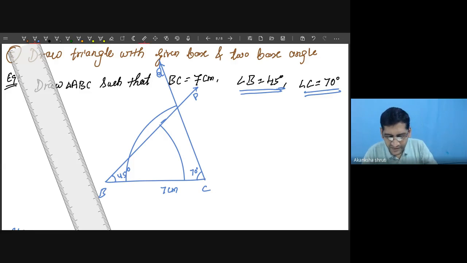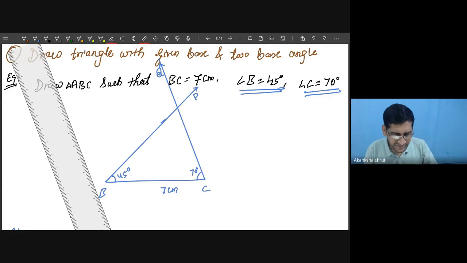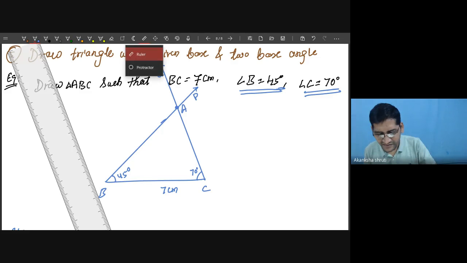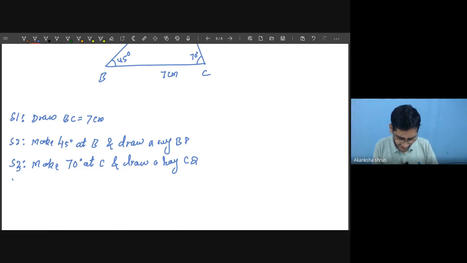Students, these circles are not required while you are drawing with the help of the protractor. I was using them as a reference for drawing that angle. Now where these two rays BP and CQ are intersecting, that point will give you A. It is intersecting at A. So the next step, number 4.